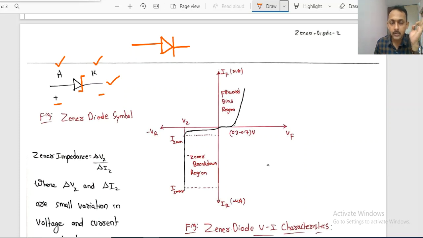If the anode is connected to the negative terminal and the cathode to the positive terminal, it is reverse bias.